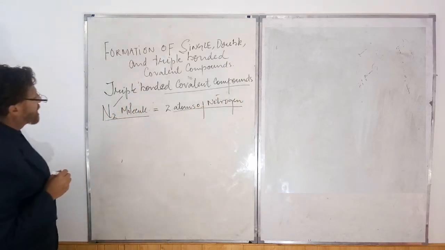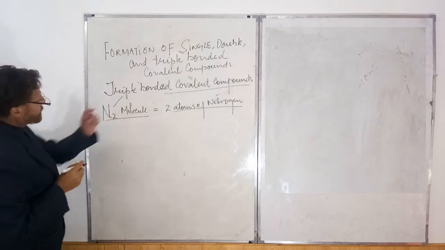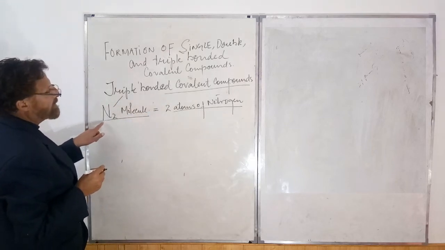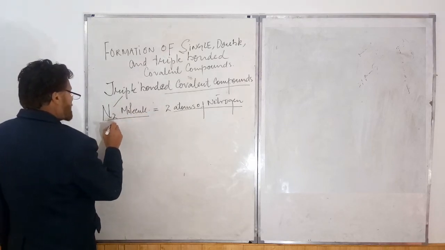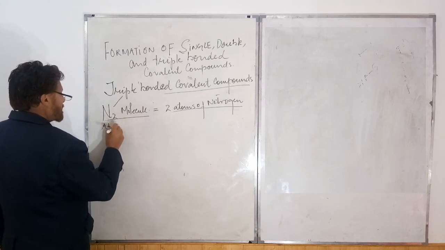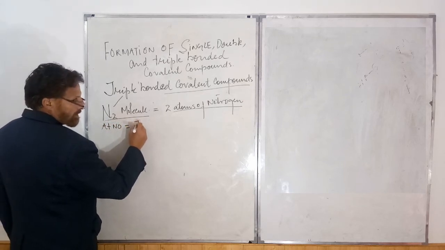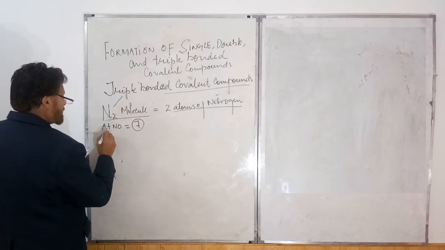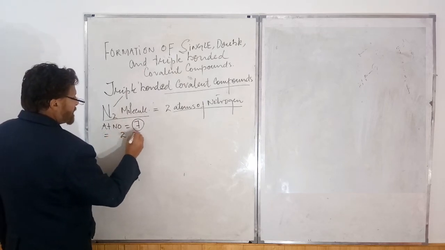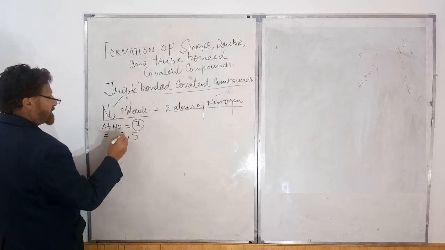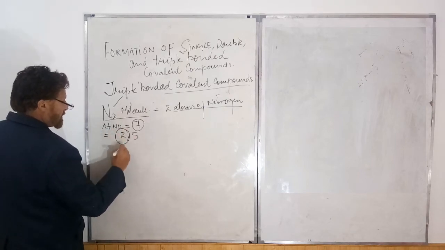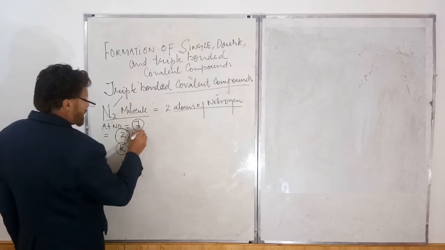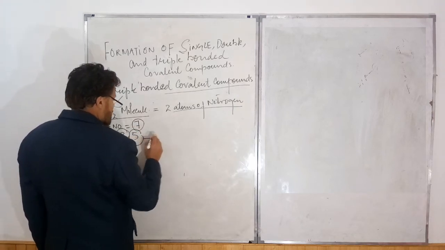According to the electronic theory of valency, nitrogen has atomic number 7 and its electronic configuration is 2 and 5. That means it consists of 2 electrons in the K shell and 5 electrons in its outermost shell.